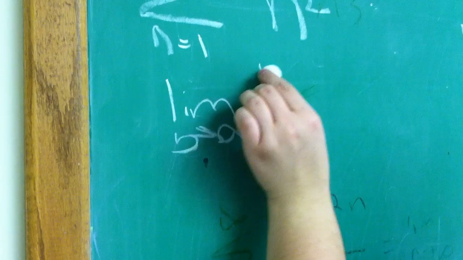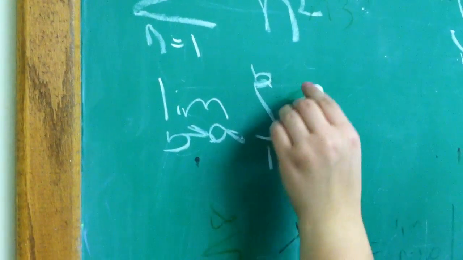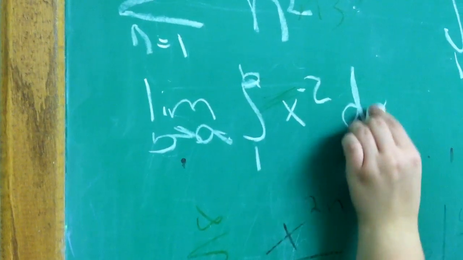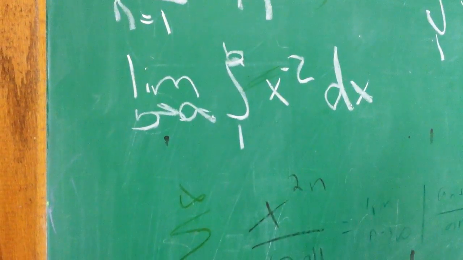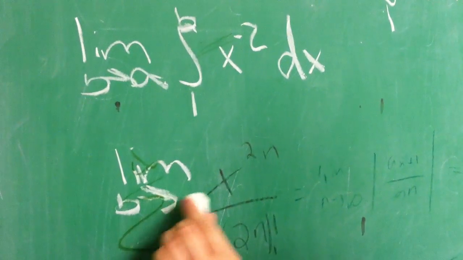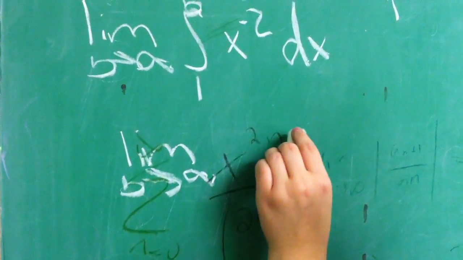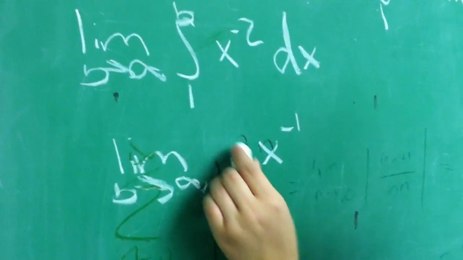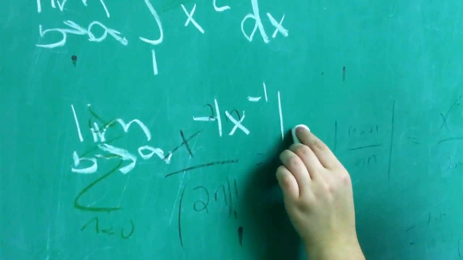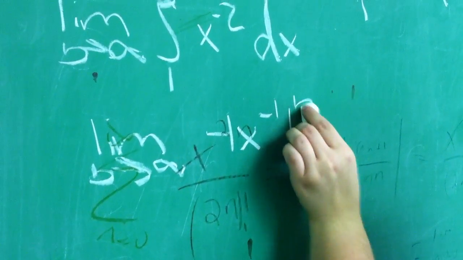So we'll go from 1 to b as b approaches infinity of x to the negative 2 dx. This will integrate to the limit as b approaches infinity of x to the negative 1 times negative 1, from 1 to b.